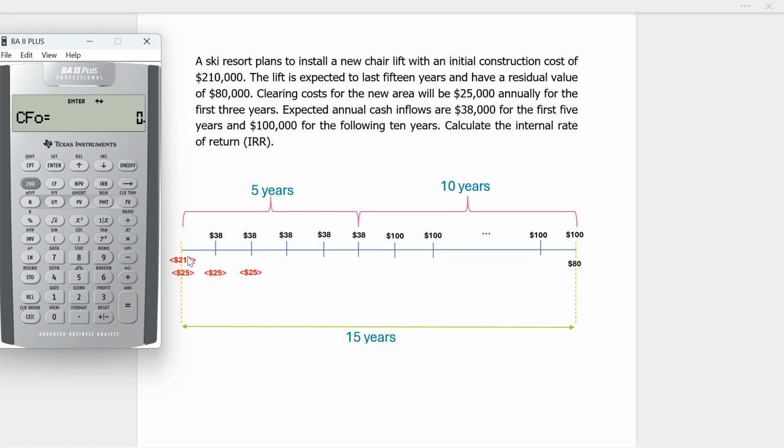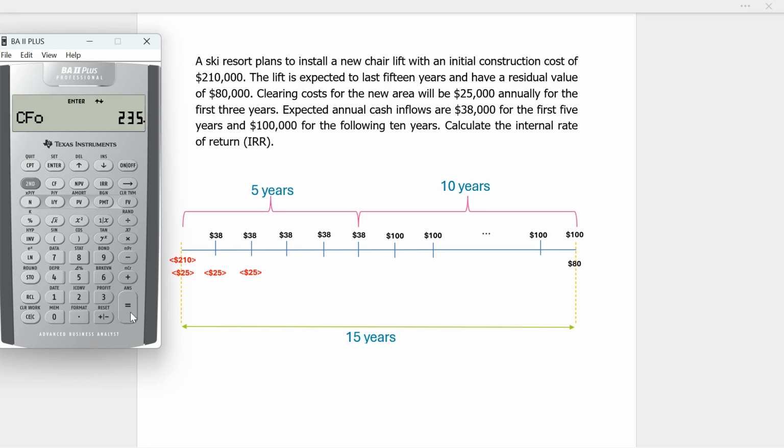But at the beginning of the project, as well as an initial cost of $210,000, they have a first clearing cost of $25,000. So we have 210 as the initial cost plus 25, which is the first clearing cost.